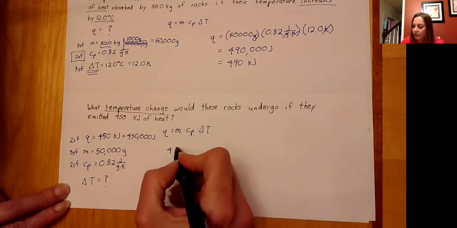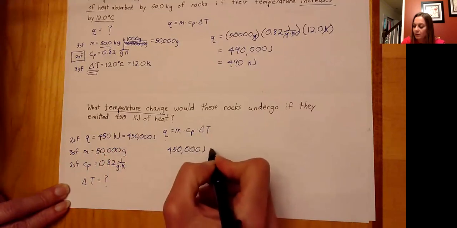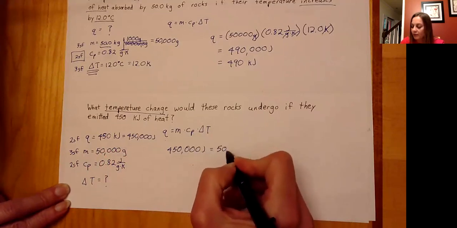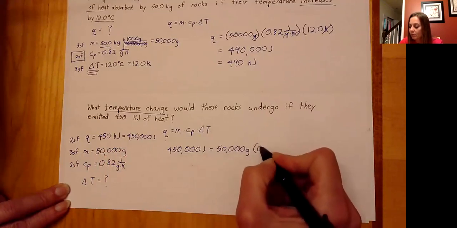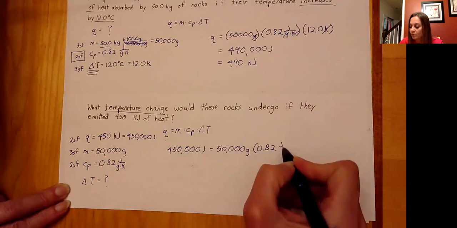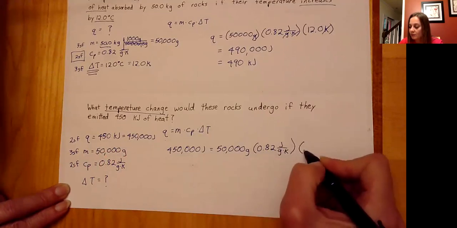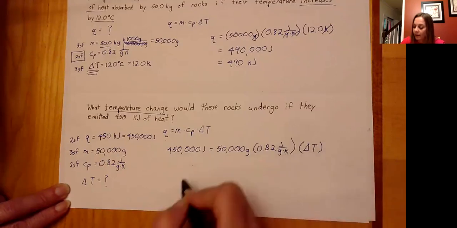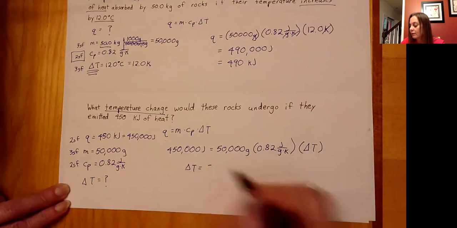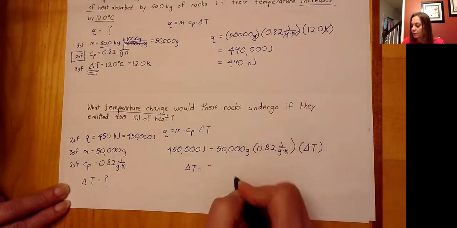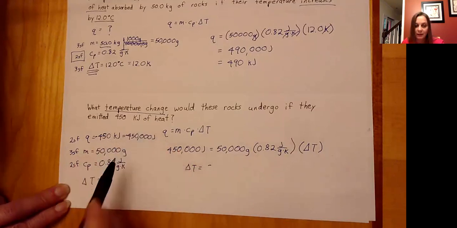So I have 450,000 joules equals 50,000 grams times 0.82 joules per gram Kelvin times delta T. And I get that delta T is equal to negative, let's back up just a second.